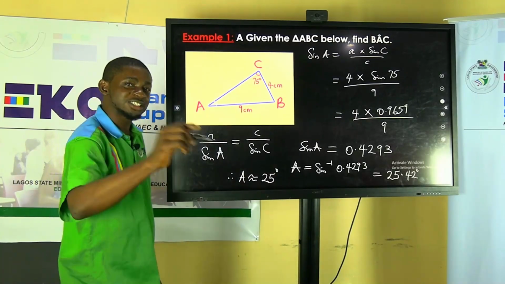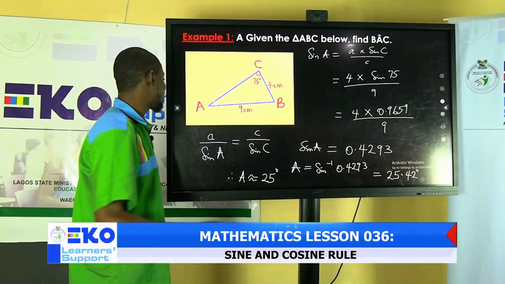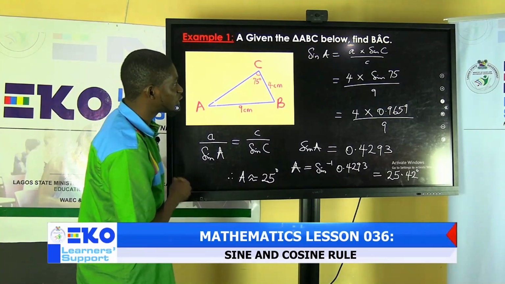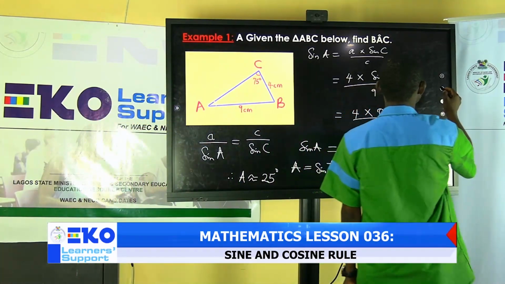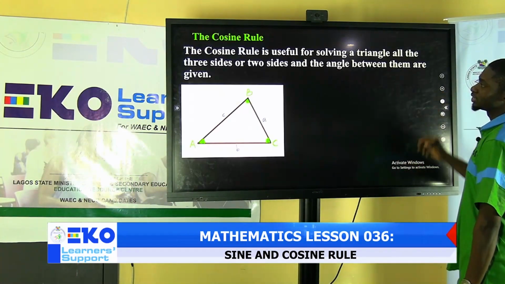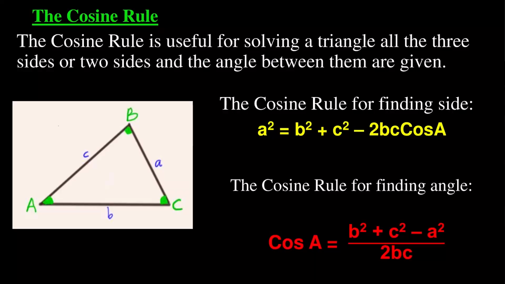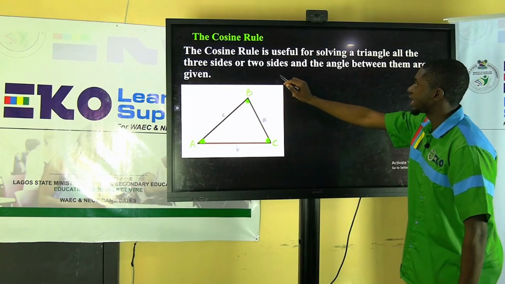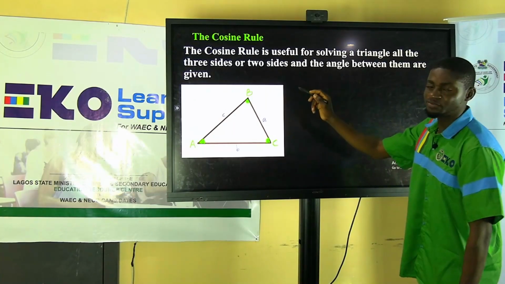Interesting. Let's now consider the second rule, which is cosine rule. I told you there is an interesting story that supports this cosine rule. The cosine rule is useful for solving a triangle when all the 3 sides or 2 sides and the angle between them are given.